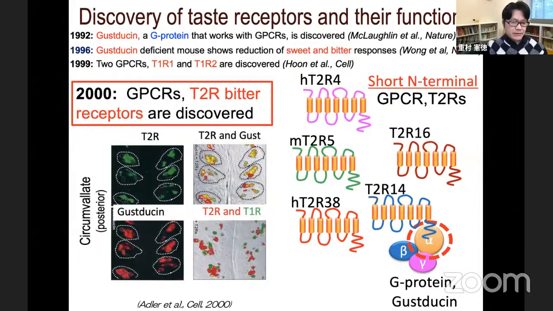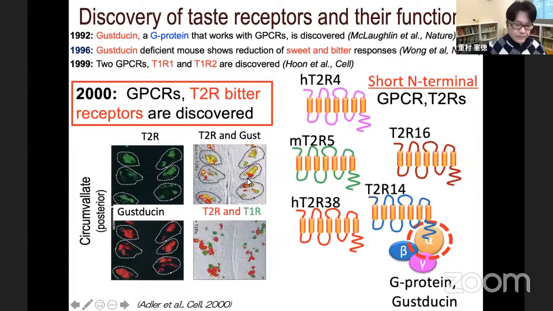The expression analysis revealed that T2Rs were expressed in a subset of taste bud cells, as shown in green. T2Rs are green, and red is gustducin positive cells. These figures overlay two images, for T2R and gustducin. And the lower ones were T2R and T1R1.